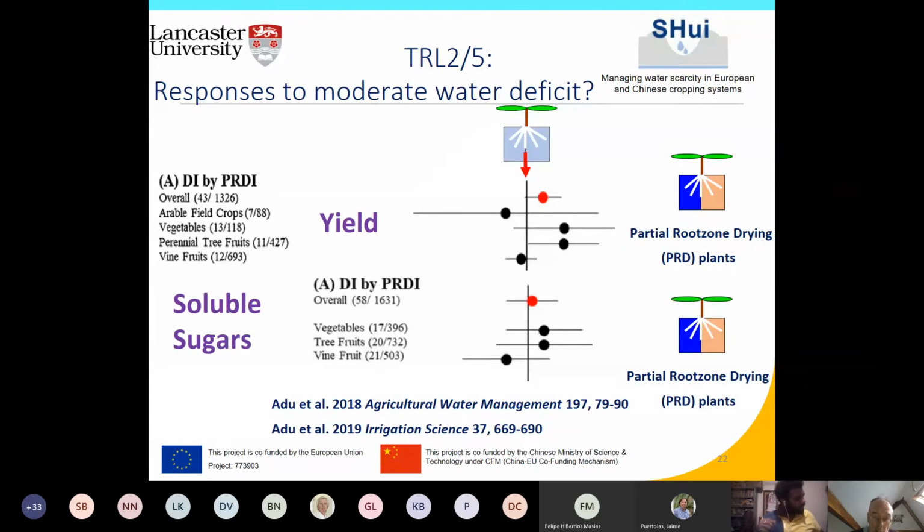He followed up this yield analysis with an analysis of quality, so looking at the soluble sugars of the crops that were harvested, and again, a slight increment with partial root zone drying, but substantial variability across the different groups of plants that were considered.